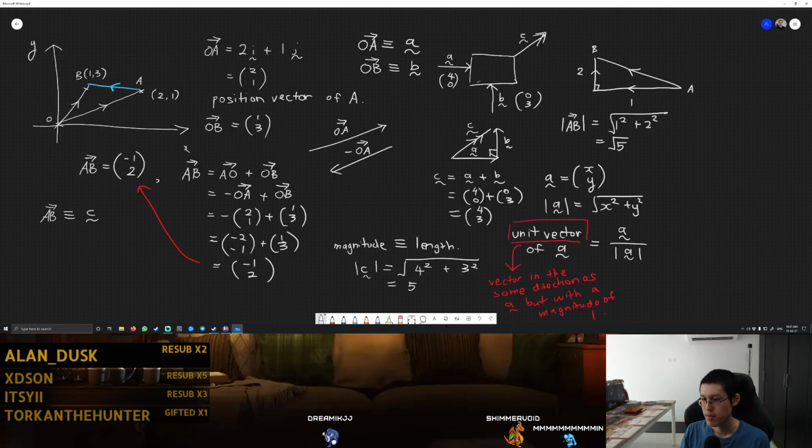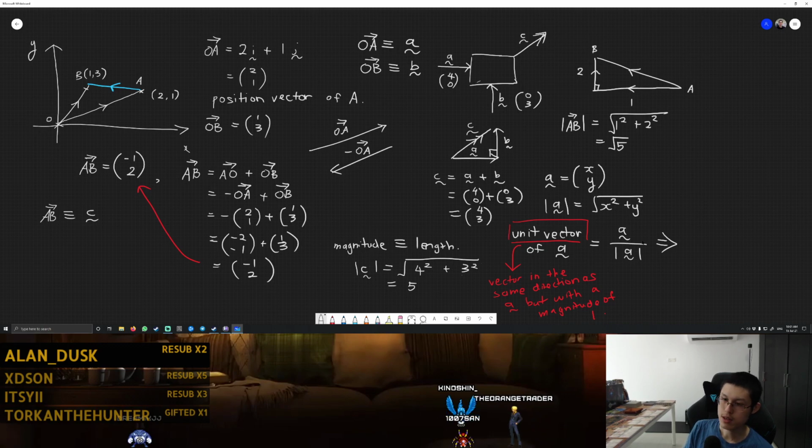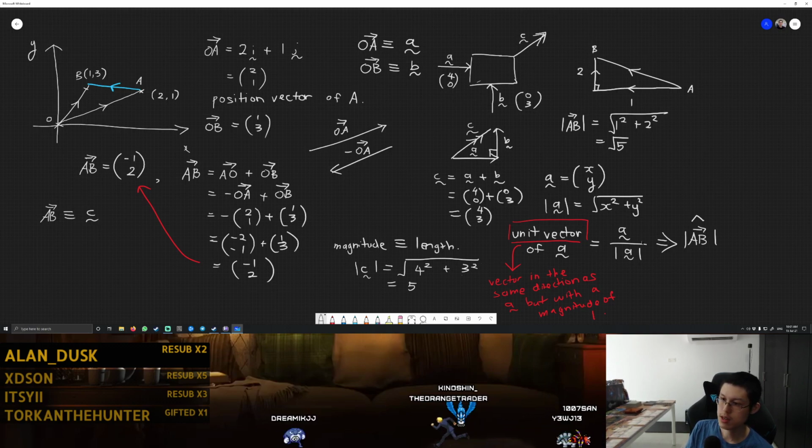Okay, so suppose I use AB. Let's say I want to find the unit vector of AB. The way you write the unit vector of AB is usually you would write it like this, and then you put a little hat on top to denote that it's the unit vector.